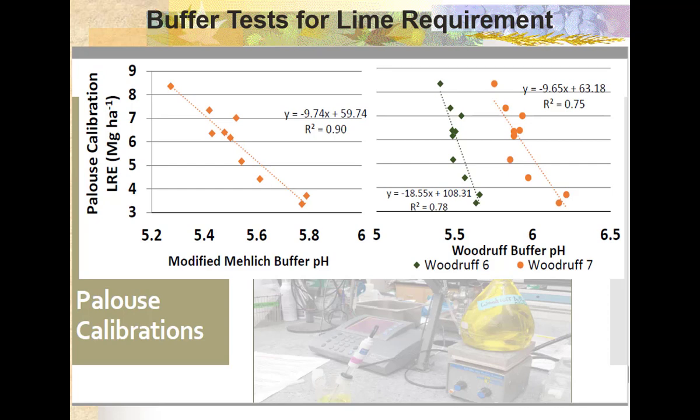And with different levels of lime, so calcium carbonate. You can imagine all these little jars filled with different levels of calcium carbonate that are incubated in the lab over time, and then we measure the pH differences that occur for that, and then we see how the buffer tests relate to that change in pH.